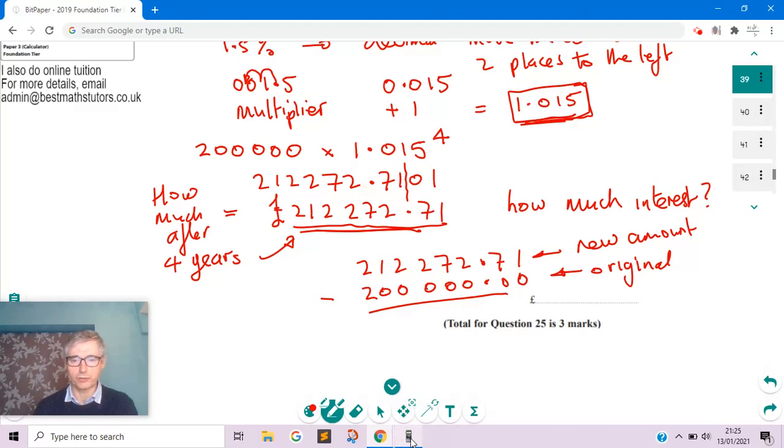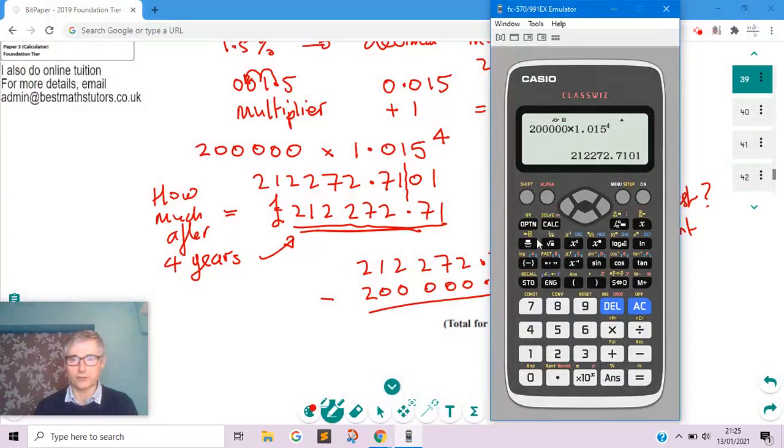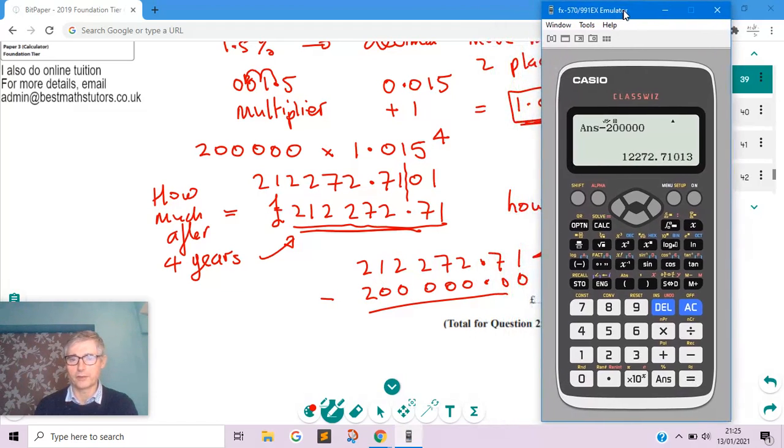I'm just going to do this on the calculator because I've still got that figure on there, so 212,272, and I'm just going to take away 200,000 from that. The answer there is the previous answer. That's how much money we've actually earned in interest.